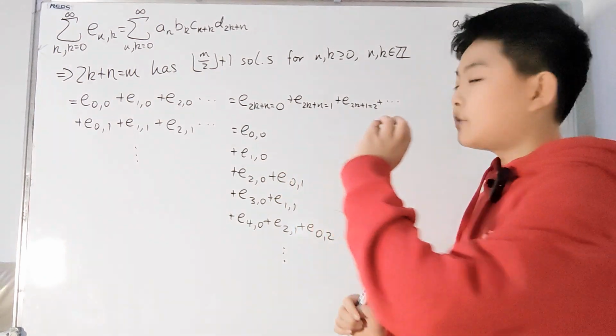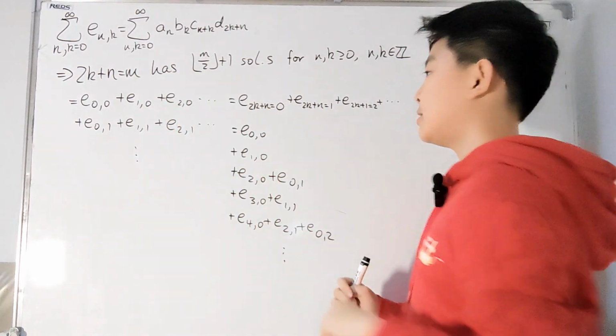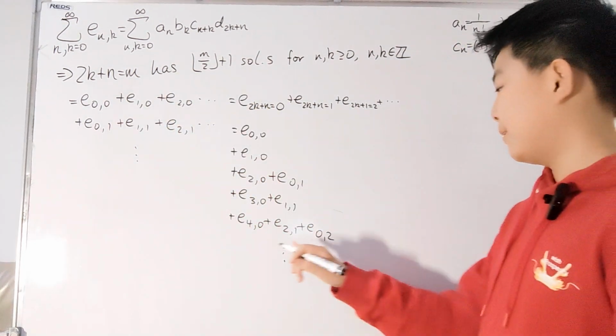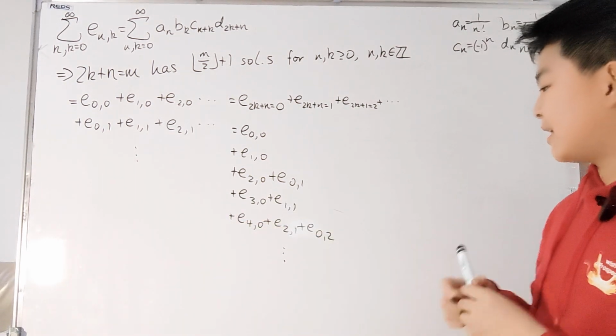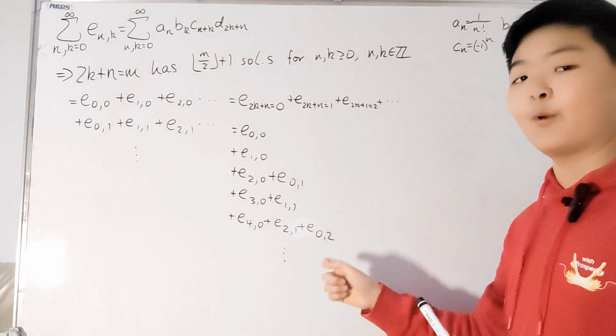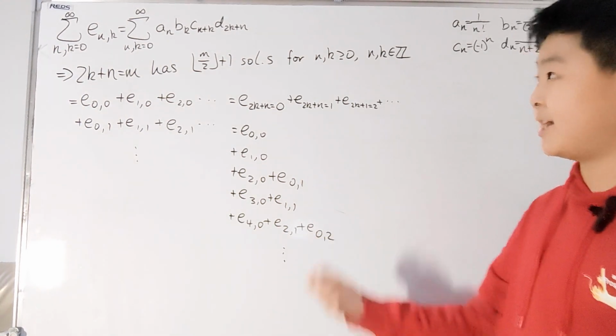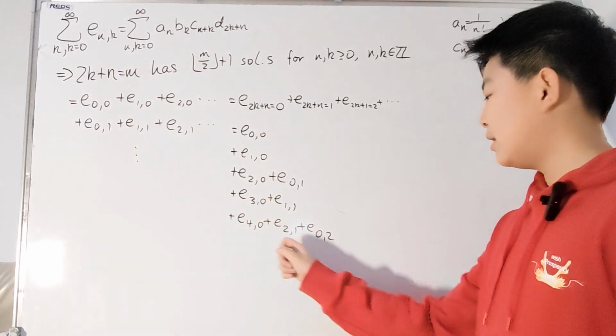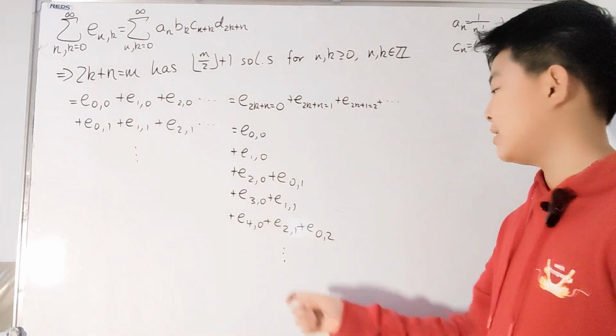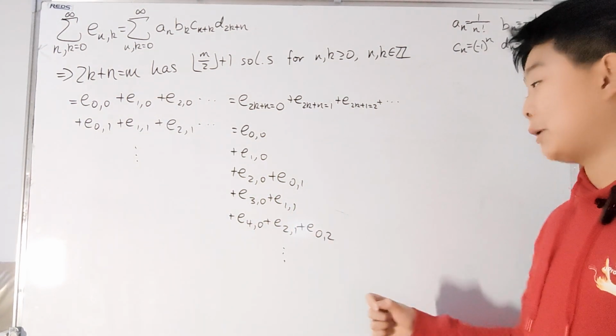Well, if we look at this row right here, we can notice that the k values increase by 1 each time, which we can express using standard summation notation. And then for every k increase, n decreases by twice that.